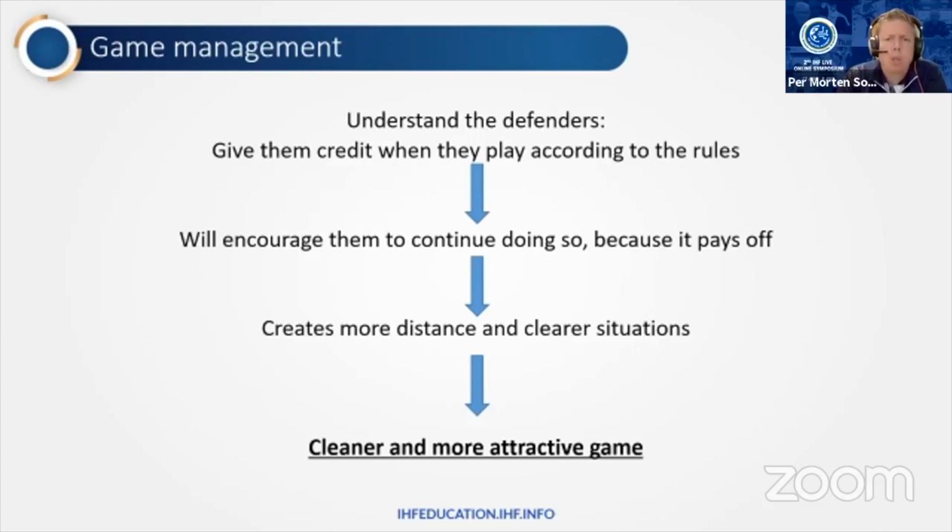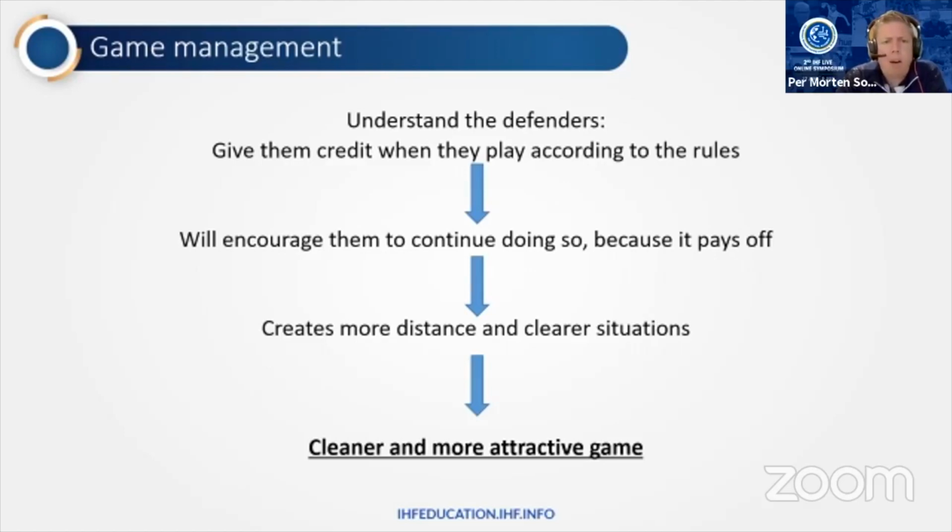So it's also important to understand the defenders in a way that we give them credit when they play according to the rules. If we punish them when they play according to the rules, then they will think, okay, these referees, they will not give me credit anyway, so then I play foul instead.